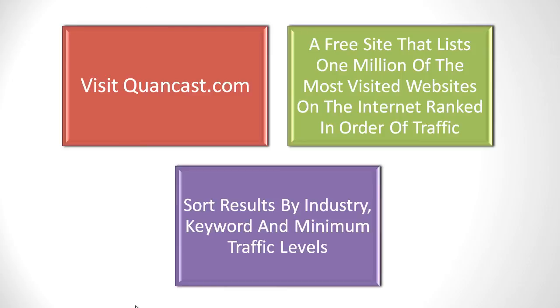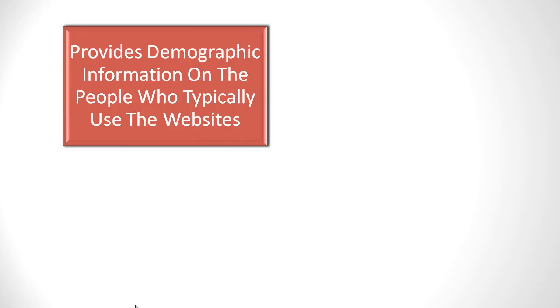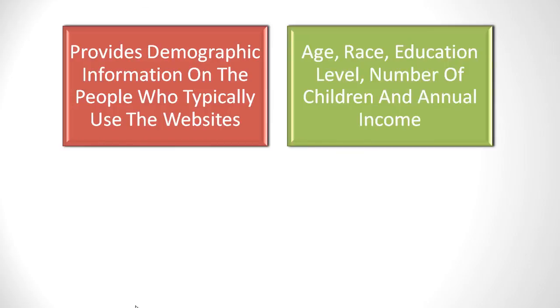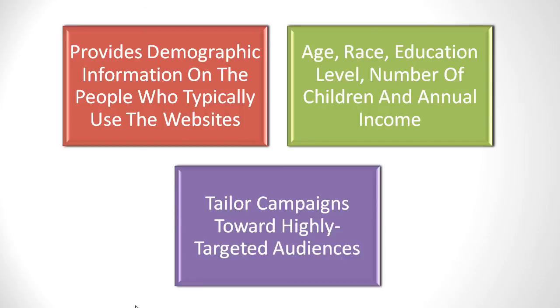You can sort results by industry, keyword, and even minimum traffic levels. Quantcast also provides demographic information on the people who typically use the various websites, breaking down such things as age, race, education level, number of children, and even annual income. This type of information is gold when it comes to tailoring your campaigns toward a highly targeted audience.